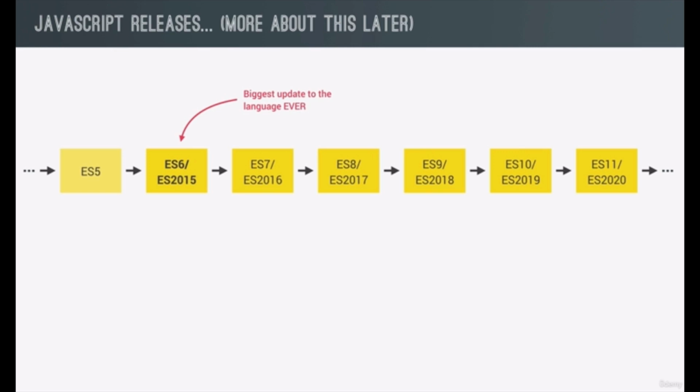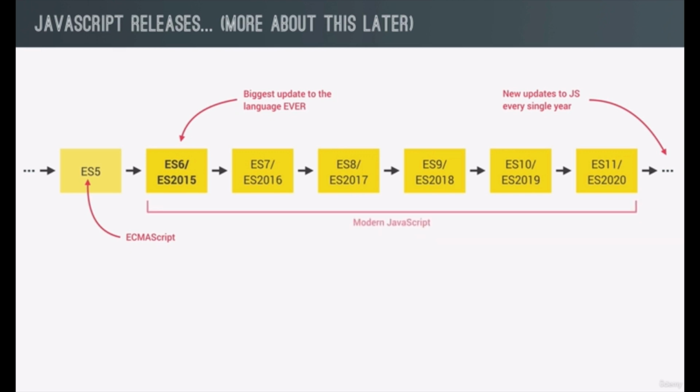But most people just call it ES6, simply because it was the release after ES5. And by the way, ES stands for ECMAScript. Now, after ES 2015, there is now a yearly new release with a couple new JavaScript features. All of these new releases or versions, starting from ES 2015, is what we call modern JavaScript.